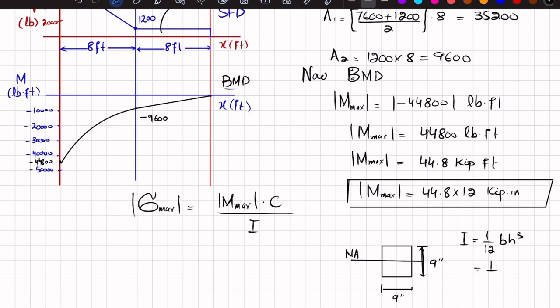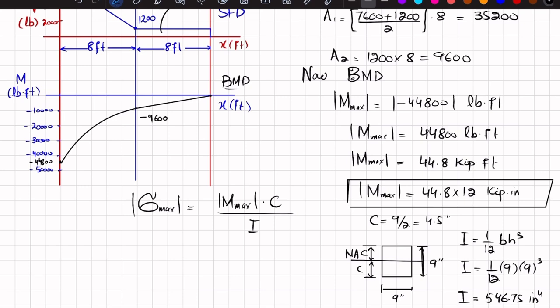So here b is 9 and h is also 9, so 9 to the power 3 will give you I. And when you calculate, I will be equal to 546.75 inch to the power 4. What about C? C is the distance from the neutral axis to the top or bottom, so C is equal to 9 divided by 2, which is equal to 4.5 inch.